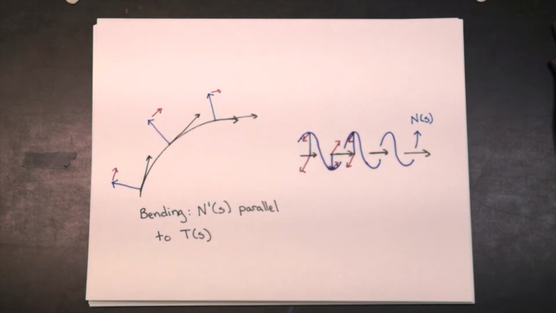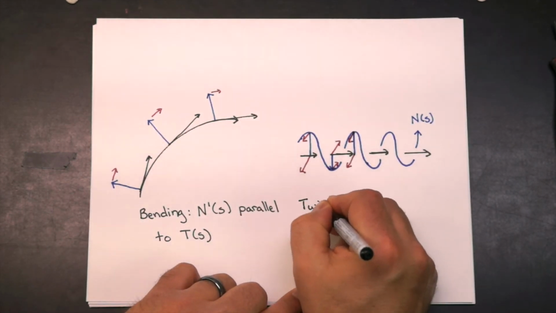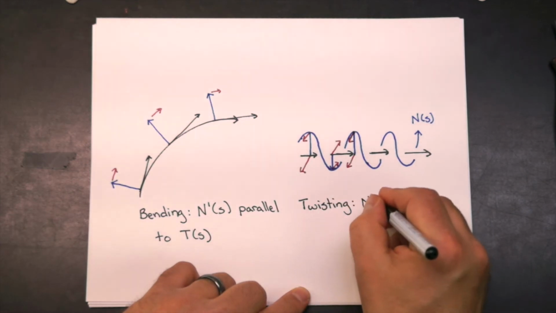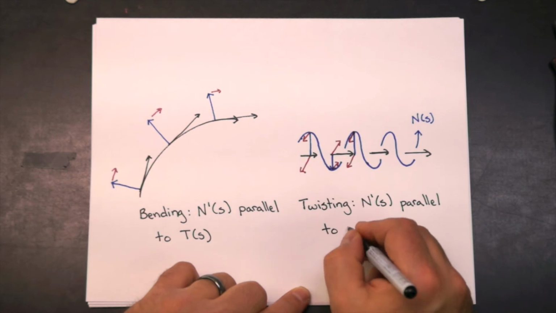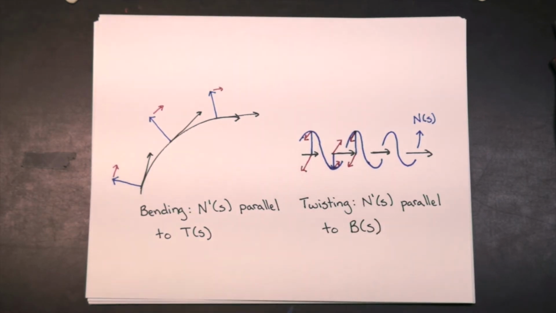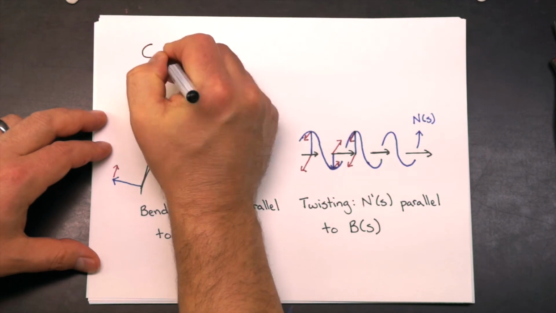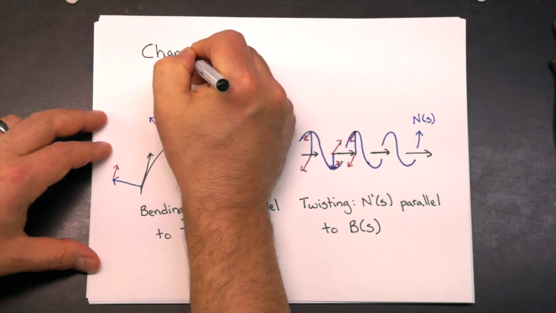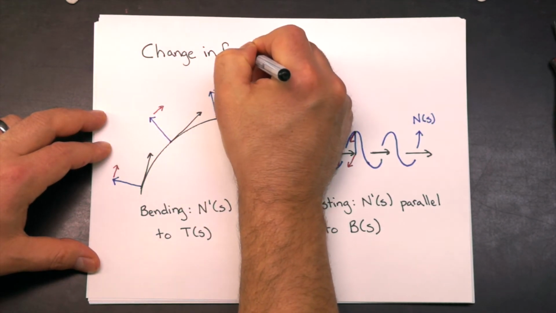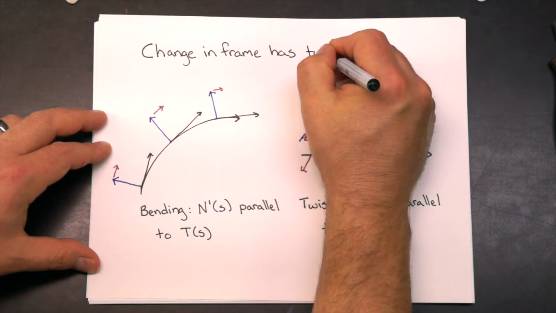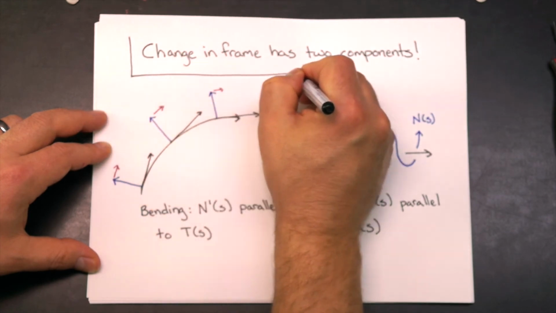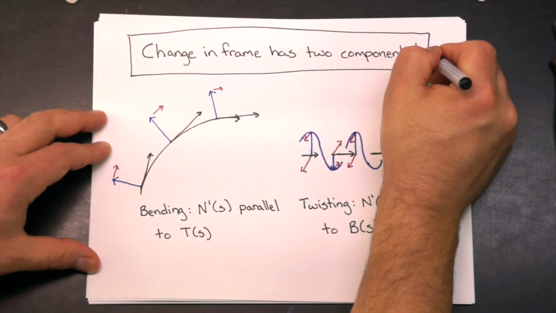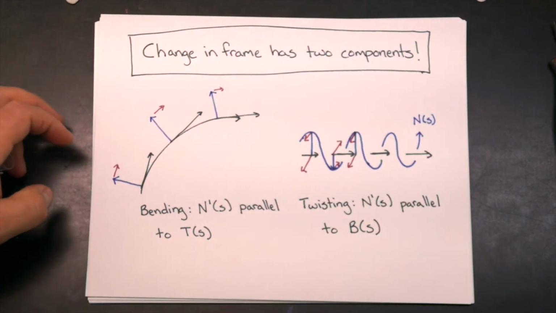Suddenly we see the normal vector in blue and its derivative in red, and we see that in this kind of motion, N prime is parallel to the binormal, the third vector, rather than parallel to the tangent vector. We conclude that at least theoretically, the change in the frame has two different components.